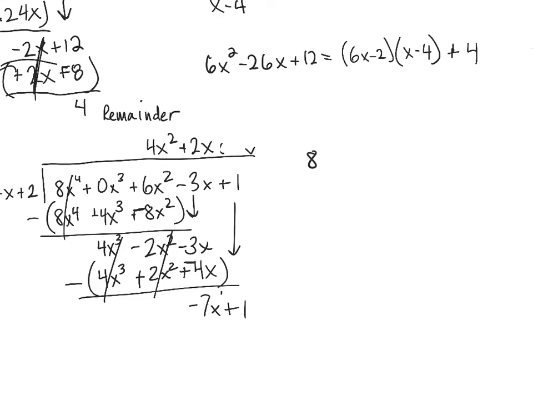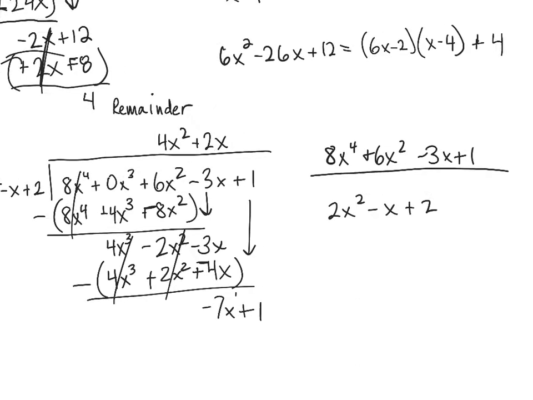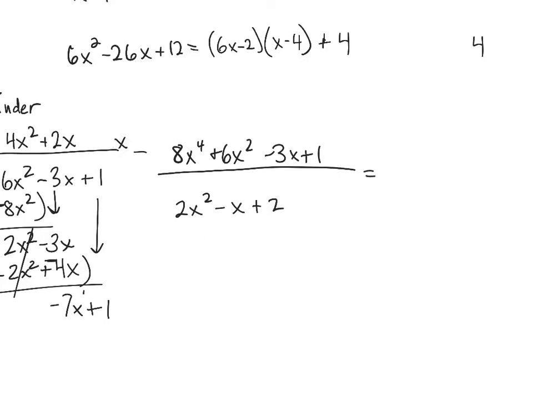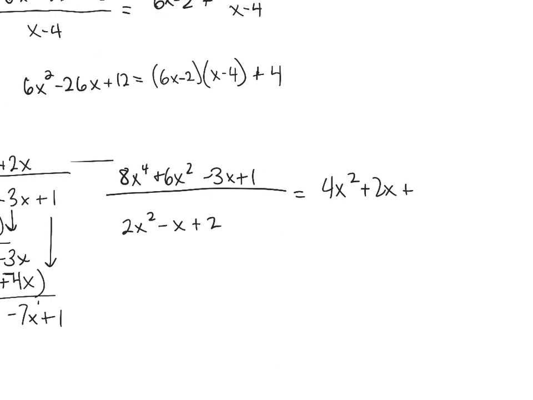So when 8x to the fourth plus 6x squared minus 3x plus 1 is divided by 2x squared minus x plus 2, then the answer is our quotient, 4x squared plus 2x, plus the remainder over the divisor.